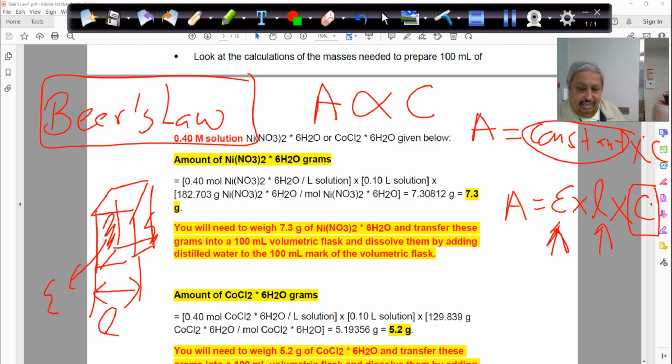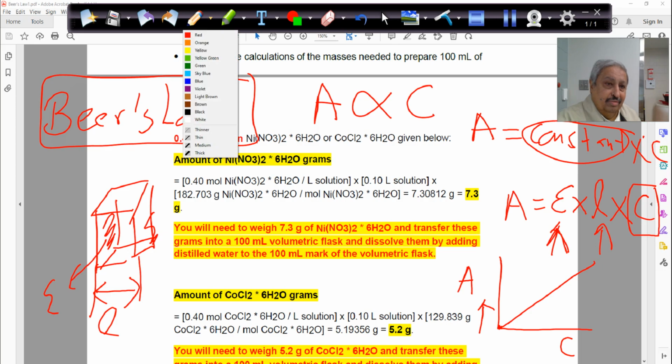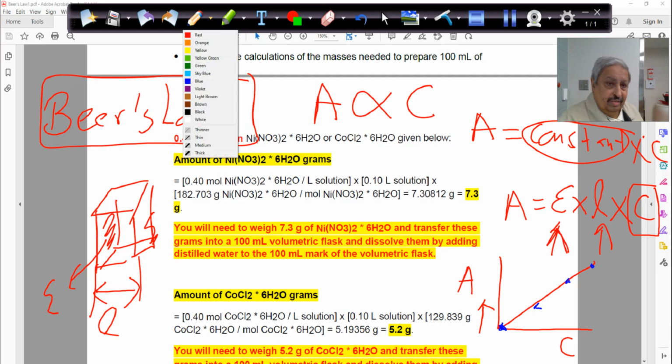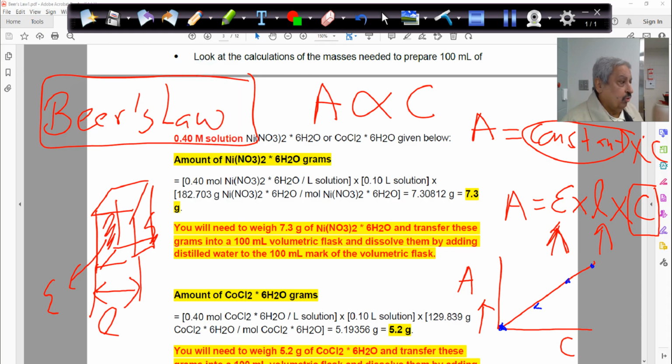Now the glitch is this: when you plot A versus C with Excel, it goes from the origin, and you think you are getting a very nice linear relationship. That's true. Now if you go to too high a concentration, then Beer's law will be broken.